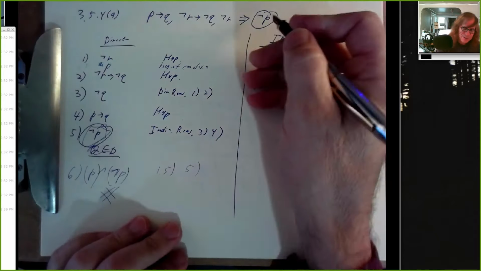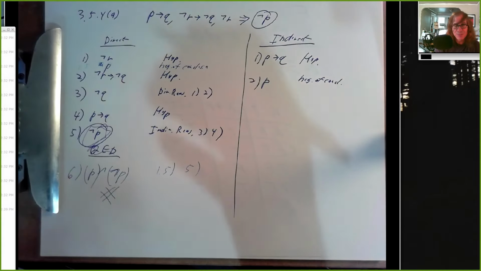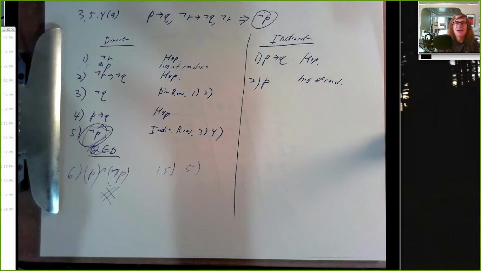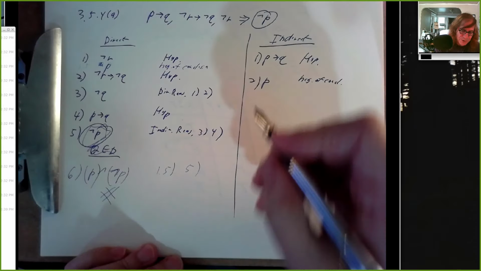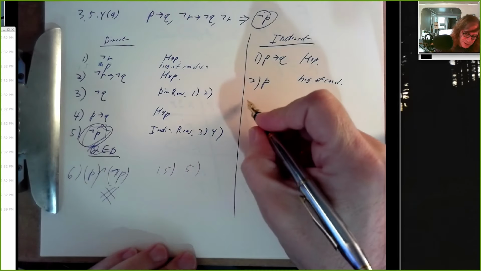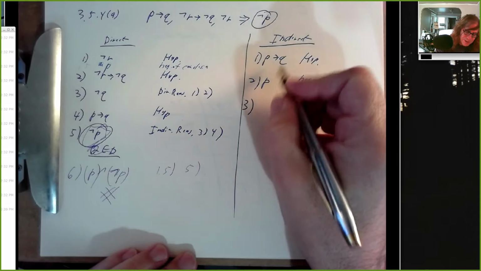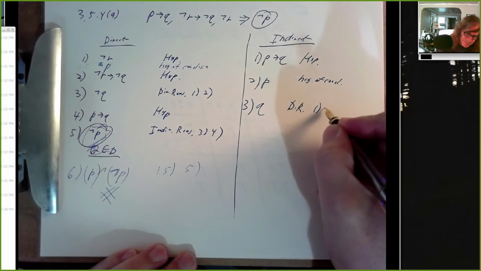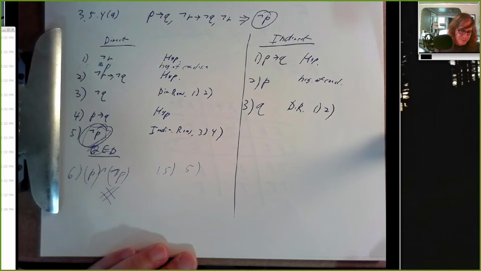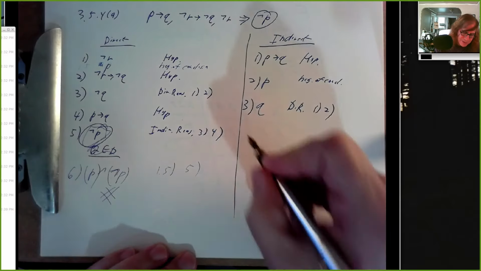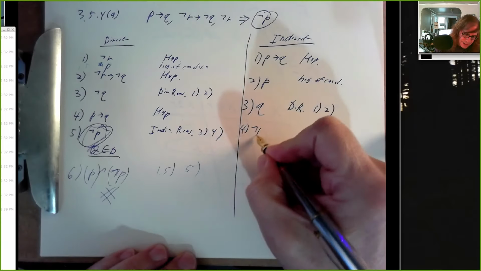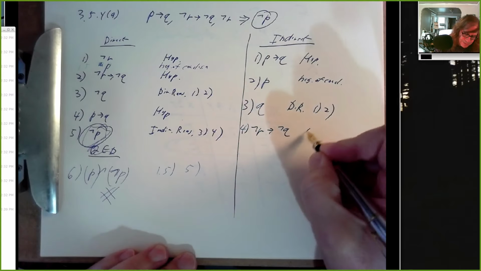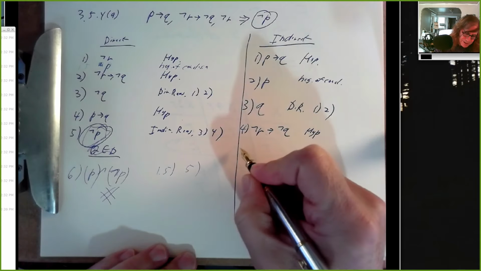Right? So we take the negation of P in this case and we somehow use that as part of a direct proof of a contradiction. So in this case, P implies Q. P, that would give me Q by direct reasoning using steps 1 and 2. And then not R implies not Q. That's a hypothesis.